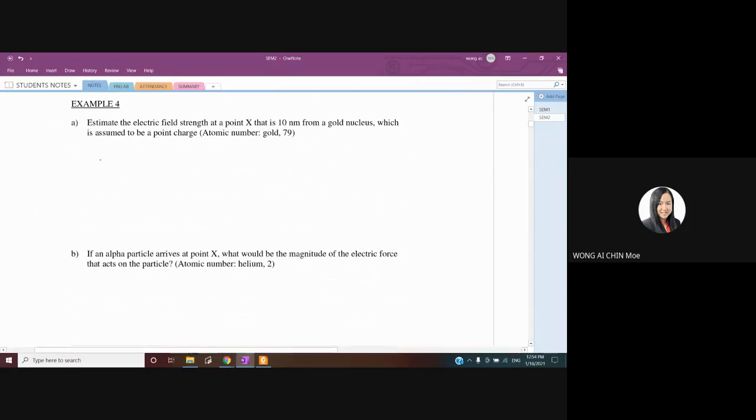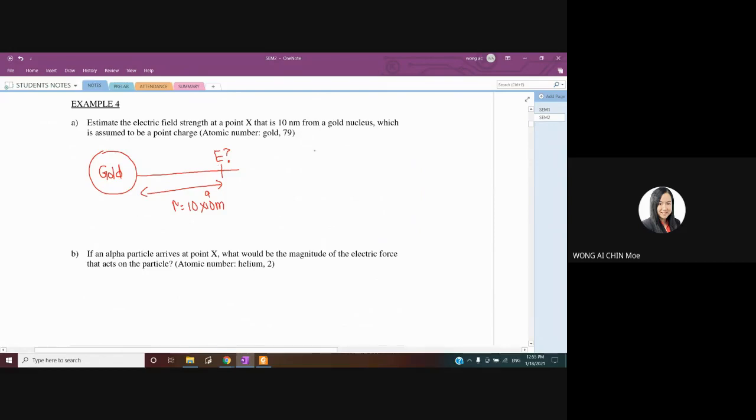So if we have a gold point charge, we want to find, at a distance of 10 nanometers, what our electric field strength is at 10 nanometers away from the nucleus.